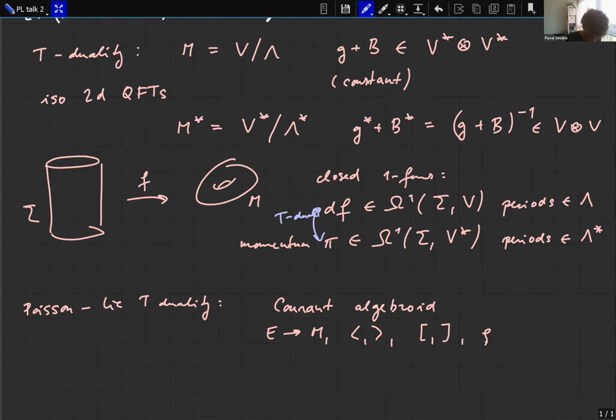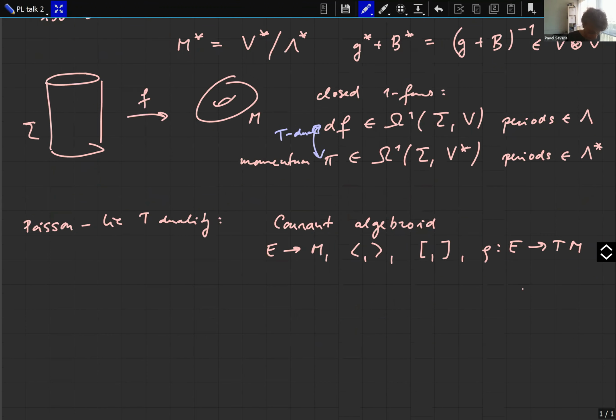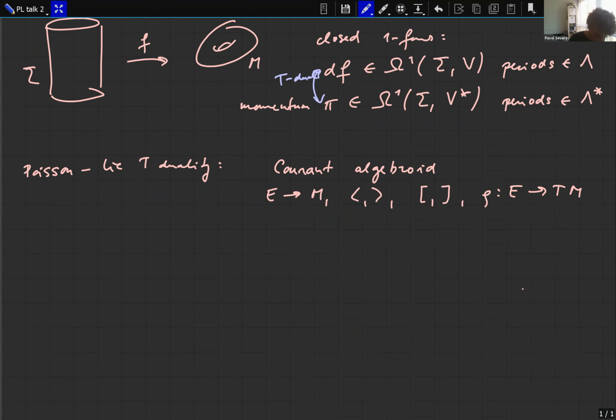So it's just a vector bundle map going from E to TM. I will just tell you two examples. If M is a point, that means that our E is a quadratic Lie algebra. So it's a Lie algebra equipped with an invariant inner product.